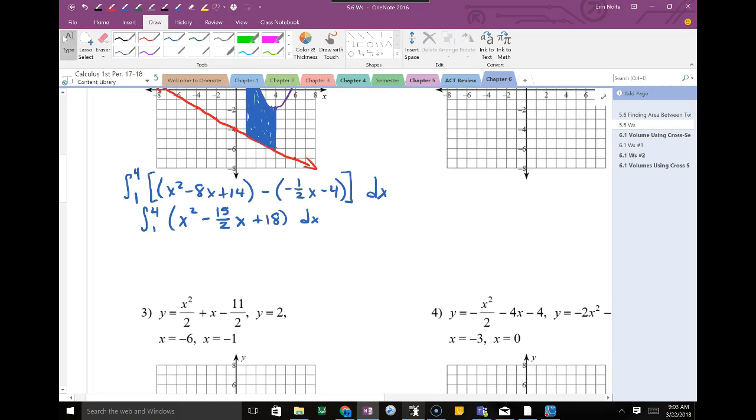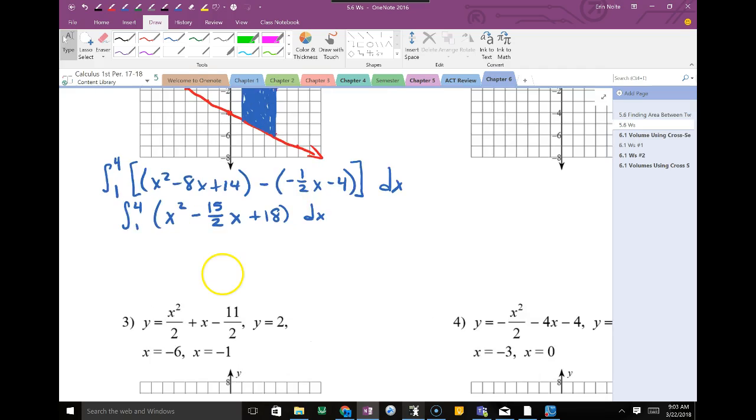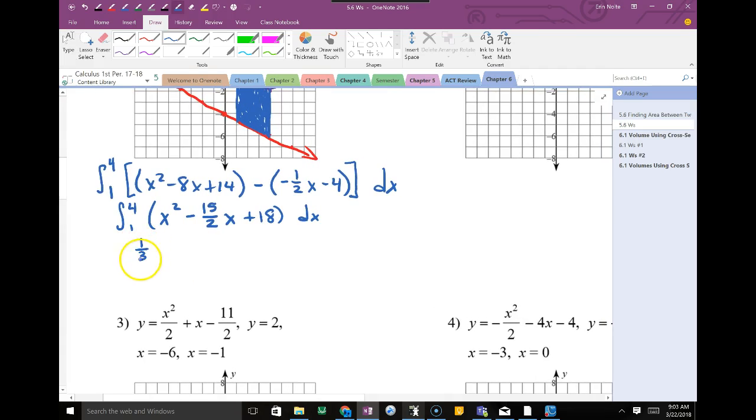Okay, so what is the integral of x squared? So 1/3 x to the third. Be careful here. What is the integral of 15 halves x? Can you do that in your head?